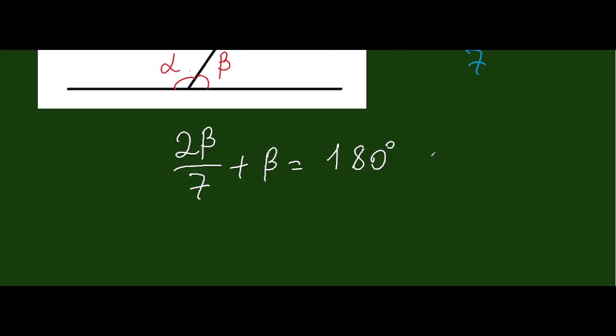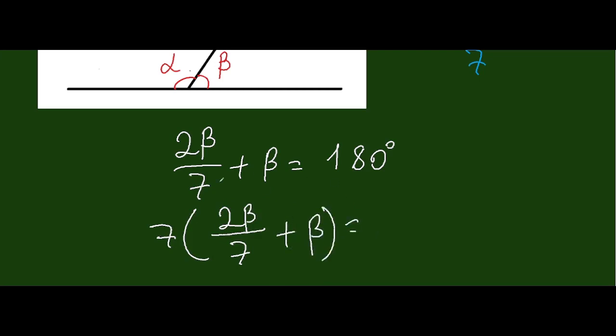180, and we can multiply each of these expressions by 7. If we multiply this by 7 times 2 beta over 7 plus beta. I think you know why I'm multiplying each of them by 7, because in the denominator 7 is standing.